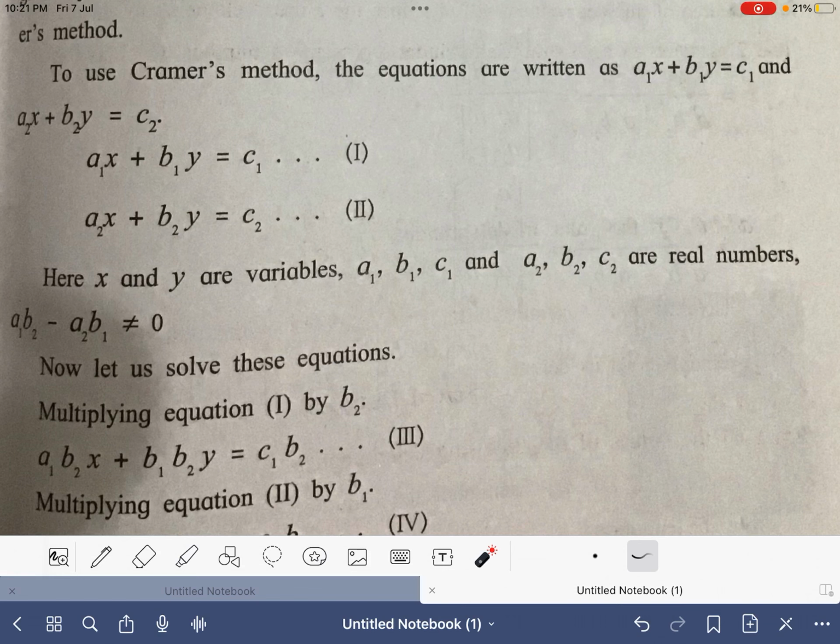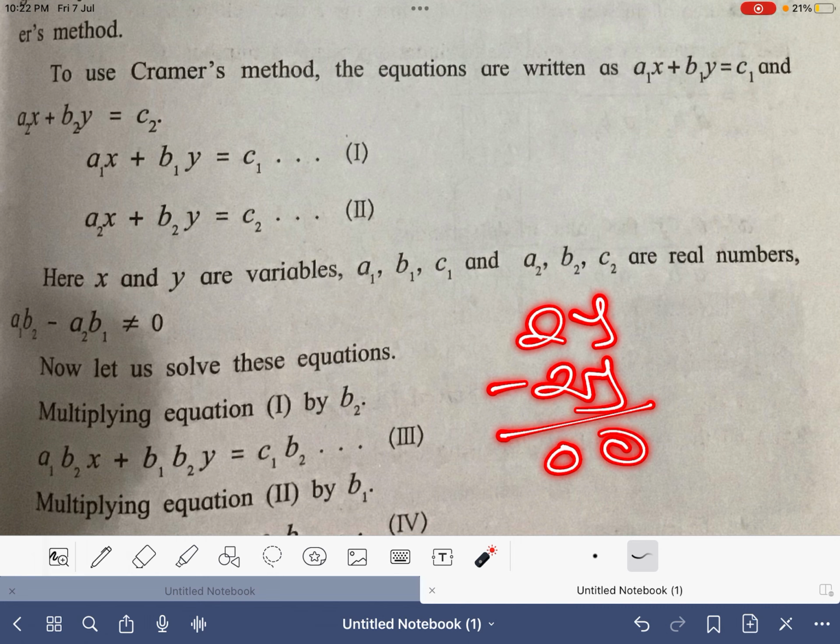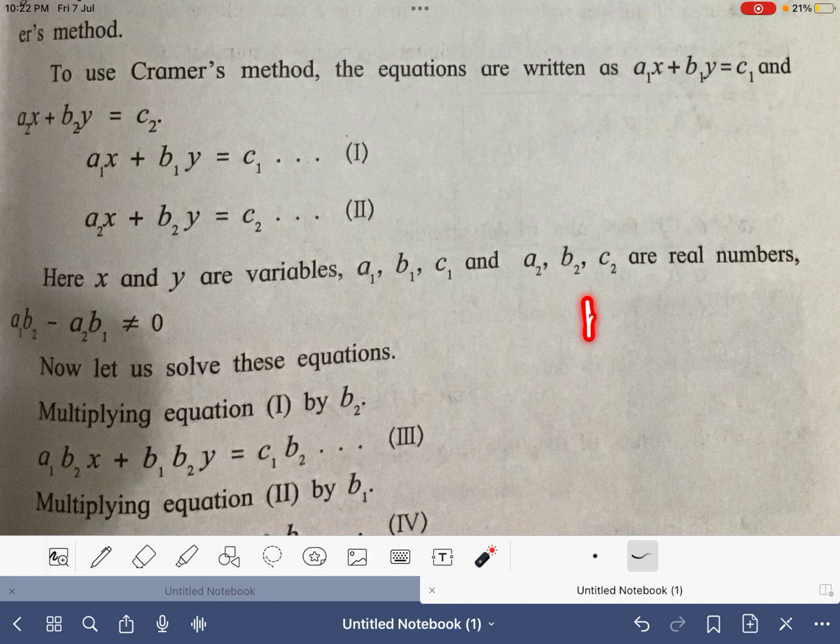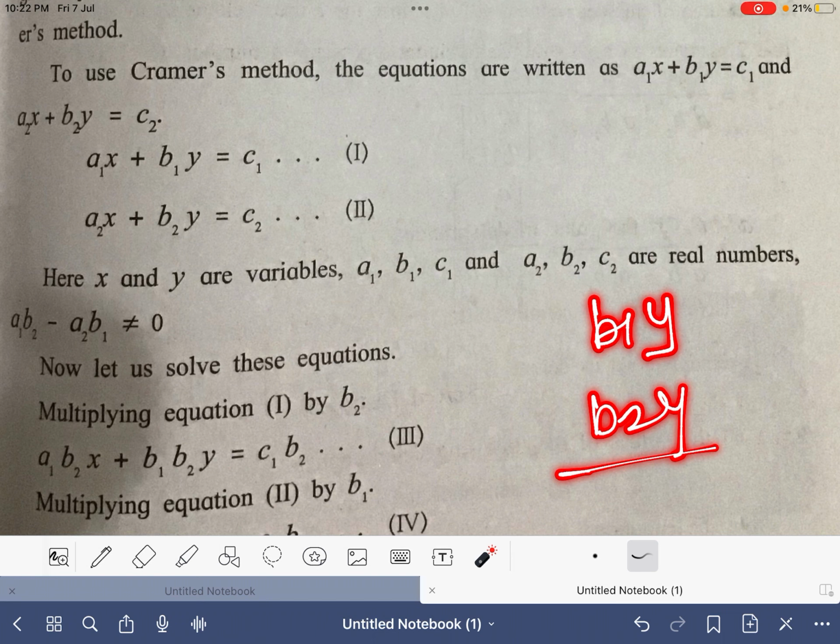For that we know that if you want to eliminate a term, look into that. Here is b1y, here is b2y. So we want to eliminate y. What is our condition? 2y minus 2y, then our answer is 0. But here the situation is b1y and b2y, so we can't subtract this directly. Our target is to get the answer equal to 0.